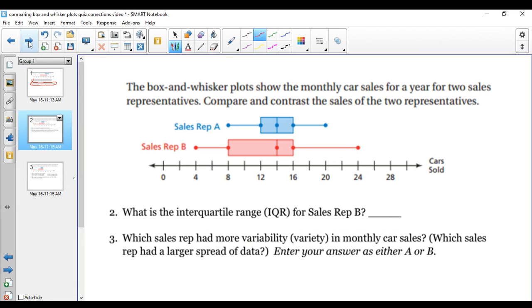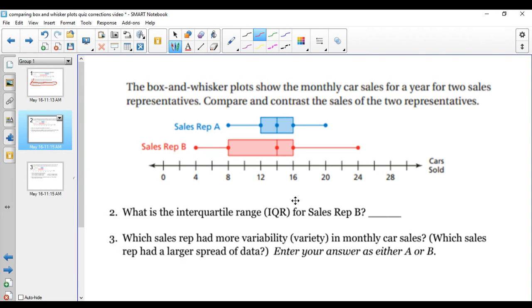Okay, number two, we have a new set of data that we're looking at. It says the box and whisker plot shows the monthly car sales for a year for two sales representatives. Compare and contrast the sales of the two representatives. So we have sales rep A in blue here, and then sales rep B in red. So number two says, what's the interquartile range for sales rep B?